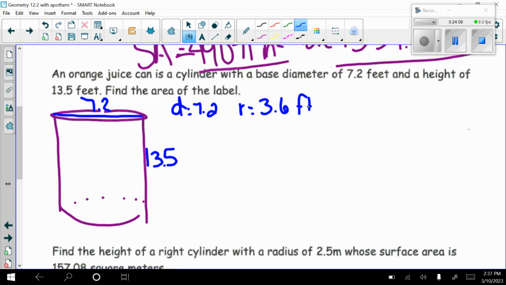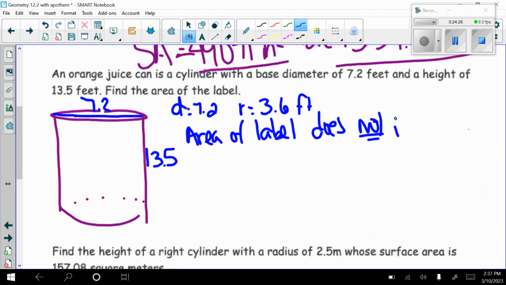So my radius would be 3.6 feet. They ask the area of the label. So think about a label when you buy a can. The label does not cover the bases, right? So the area of the label does not include the bases. So what kind of area are they asking me to find? Therefore, we are looking for lateral area.